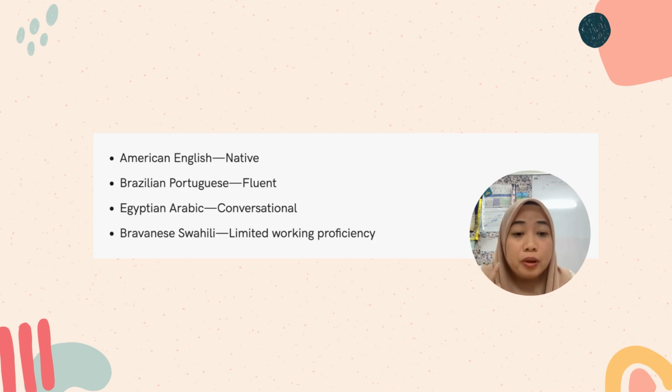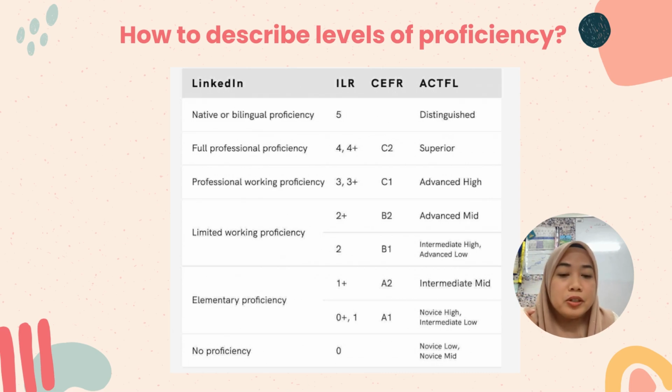If you do not know your level, let me help you. This table summarizes how your proficiency is equivalent to different types of testing. What's not here is MUET, but there are bands for MUET as well.